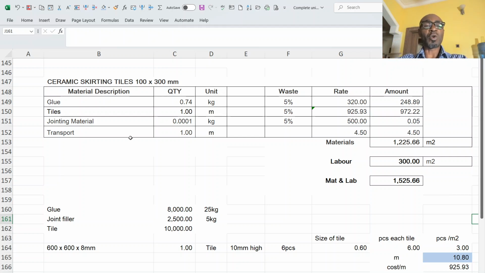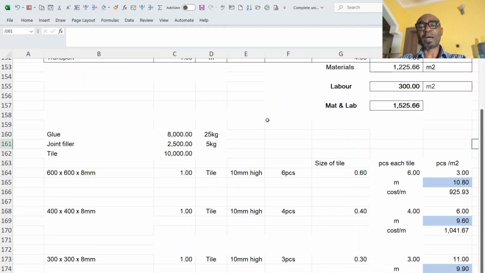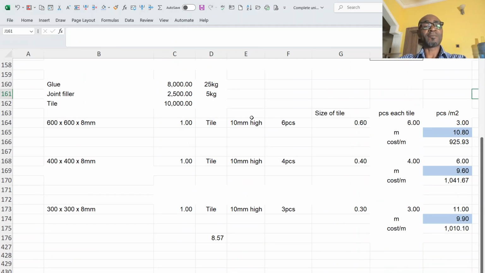Before we come to the rate proper, let us do some little computation on how to get the linear meter of skirting in 1 square meter of tiles. I'm going to be taking three different sizes of floor tiles out of the many we have in the market: a 60 by 60, a 40 by 40, and a 30 by 30 for my illustration.